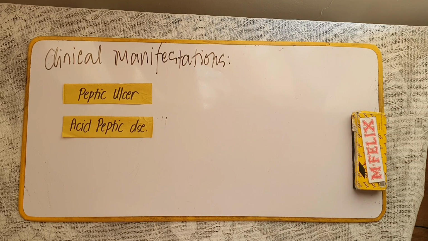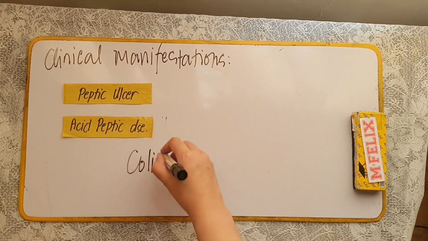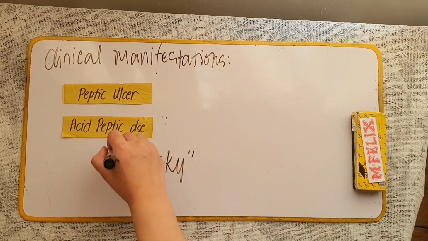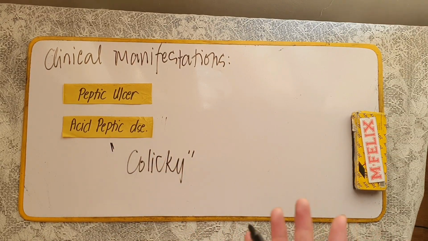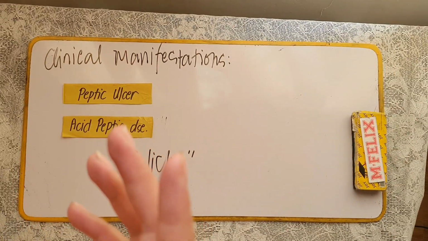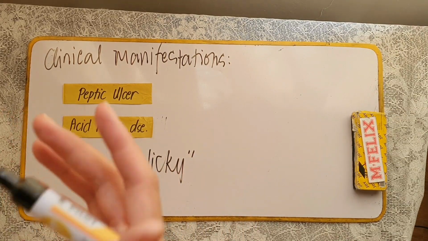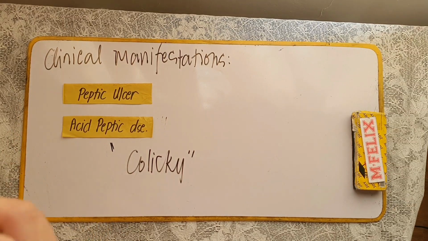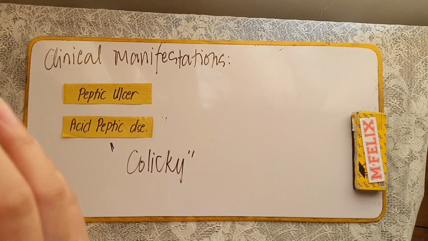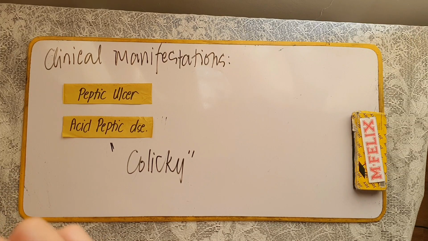These manifestations include upper abdominal discomfort, gurgling abdomen, and even abdominal pain described as colicky. Yung colicky pain na tinatawag natin. This colicky abdominal pain is a sudden, sharp, localized gastrointestinal pain. Yun ang ibig sabihin nun.